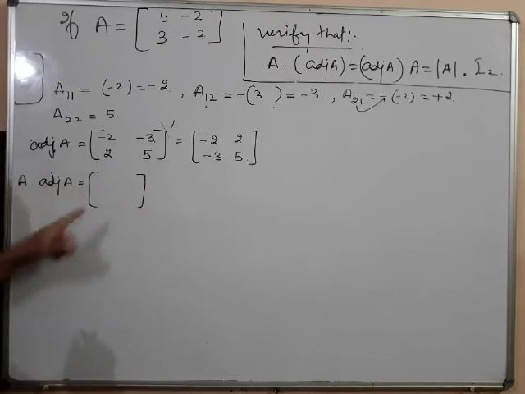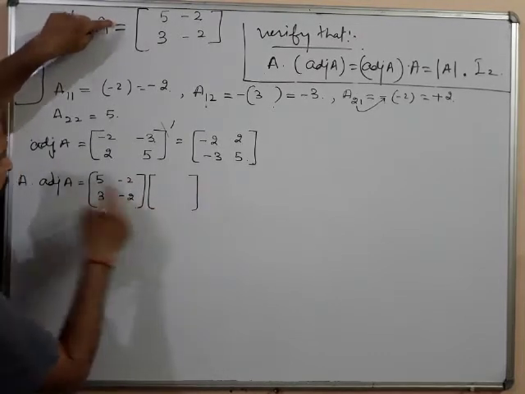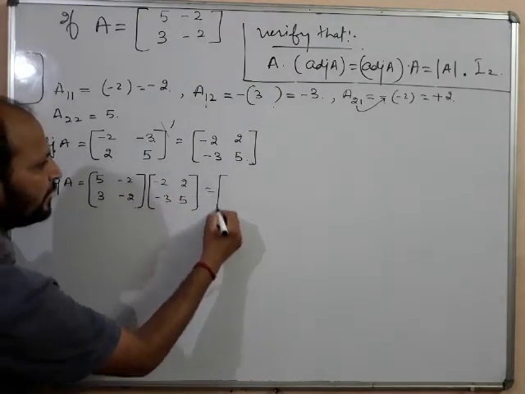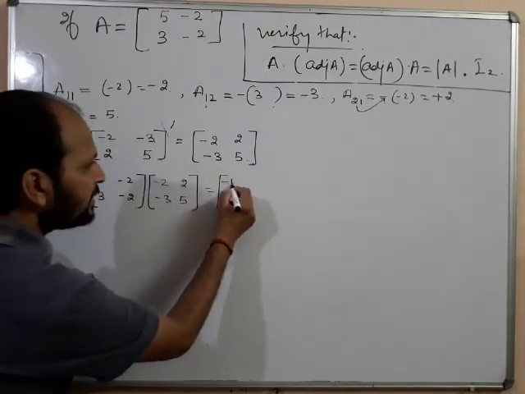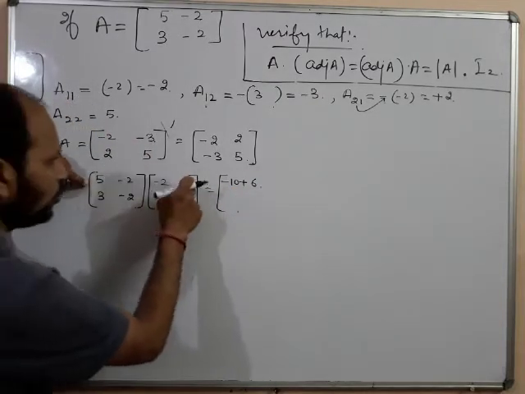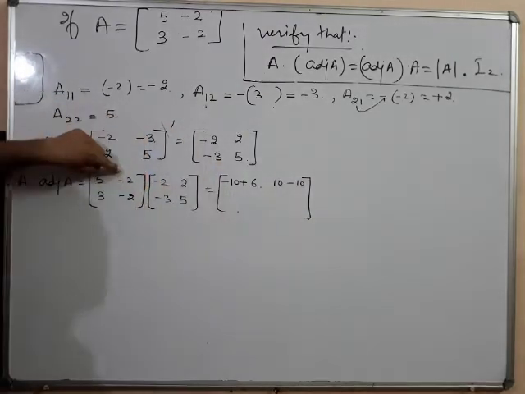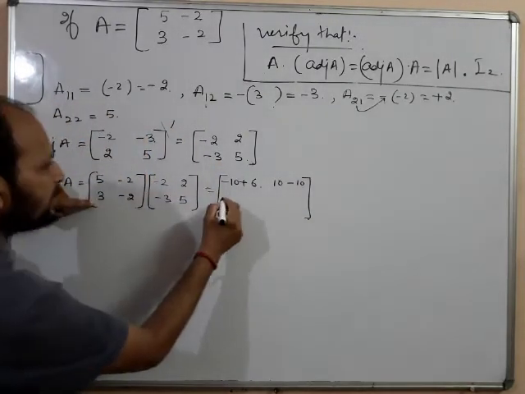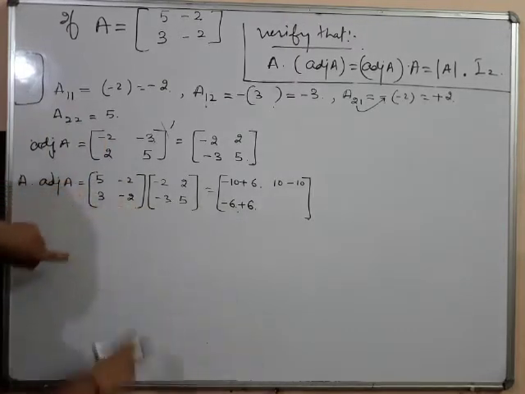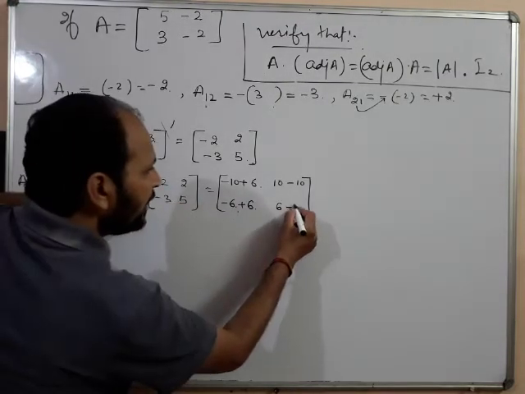What is the A matrix? 5 minus 2, 3 minus 2, into the adjoint, this: minus 2, minus 3, 2 and 5. 5 into this minus 10, minus 2 into this plus 6. 5 into 2 is 10, minus 2 into this minus 10. 3 into this minus 6, minus 2 minus 3 plus 6. 3 into 2, that is 6, minus 2 into this minus 10.